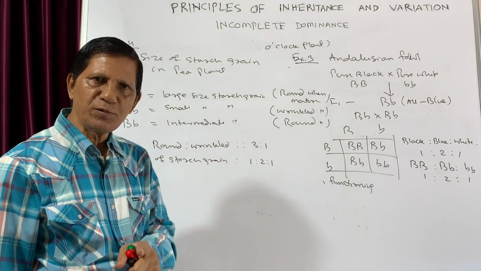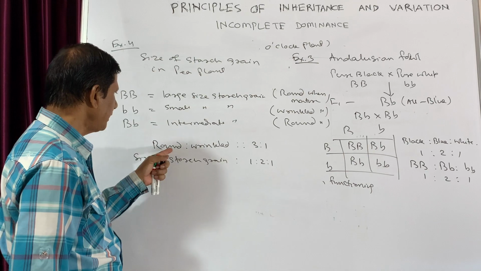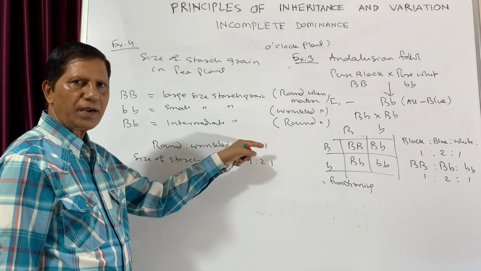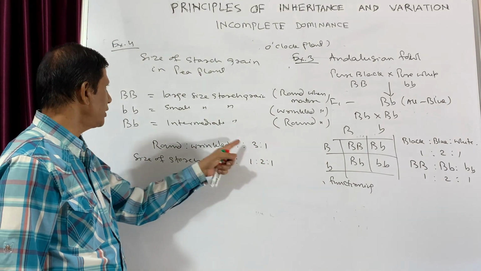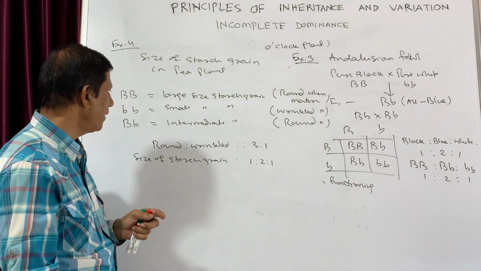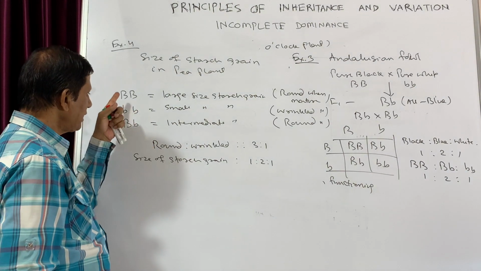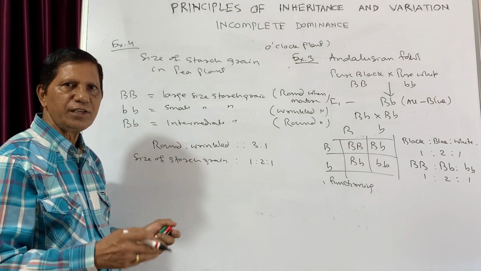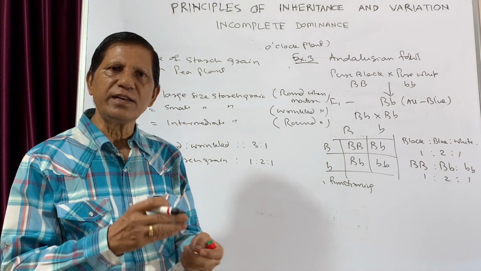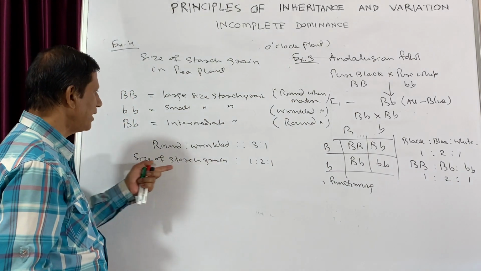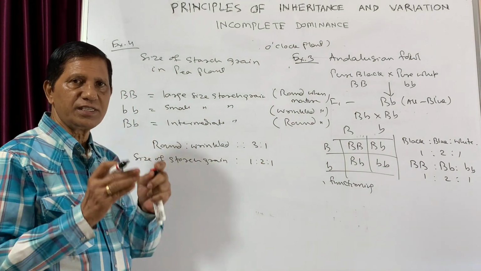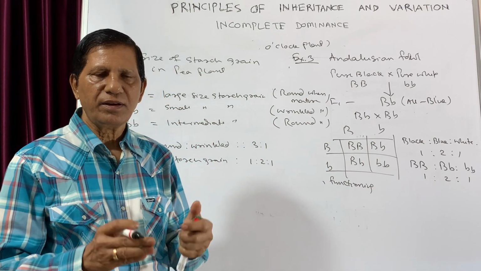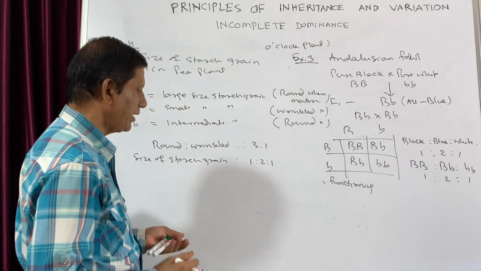That means it is the same gene, but when it has effect on the shape of the seed, it is dominant and recessive. Here capital B is completely dominant over small b. But when the same gene has effect on the size of the starch grain, then it is not completely dominant, it is incomplete dominance, so that it is giving the ratio of 1:2:1. That is, the same gene has two different effects. So this is about incomplete dominance.